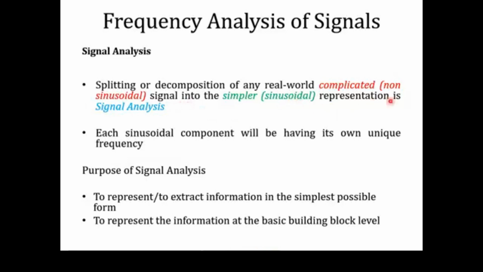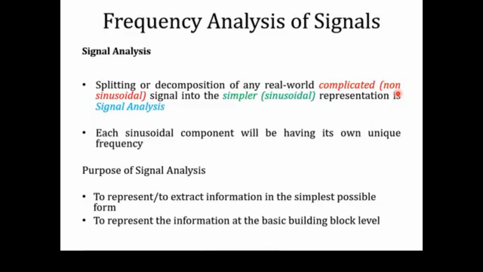Now, why are we considering non-sinusoidal signals as the complicated one and sinusoidal signals as the simpler one? As we already know, there could be infinite possible shapes of non-sinusoidal signal. It could be a square wave, triangular wave, sawtooth wave, rectangular pulse train signal, or any arbitrary signal.